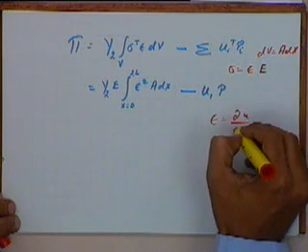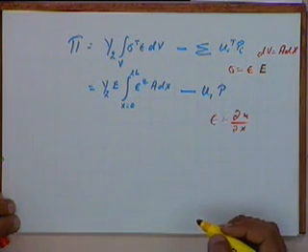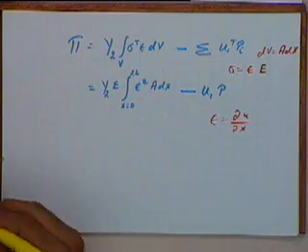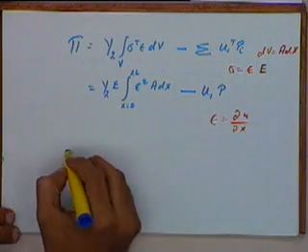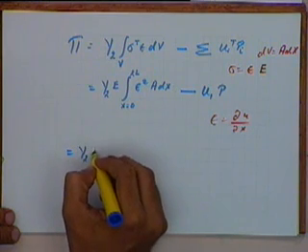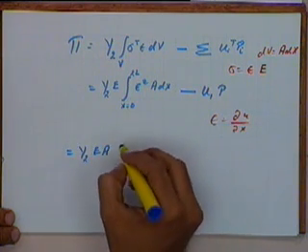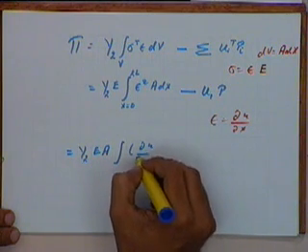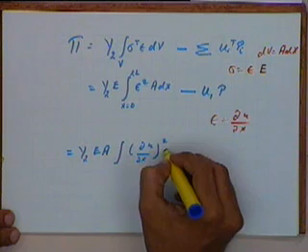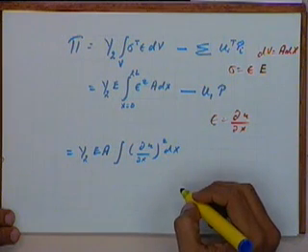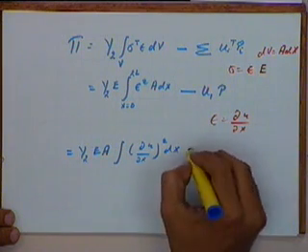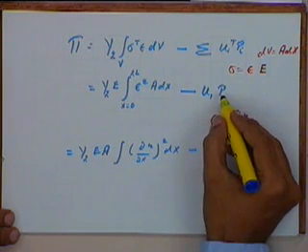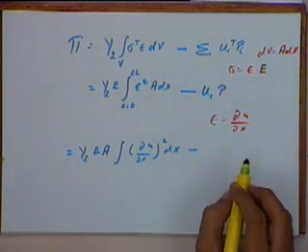Now we will make use of the fact that epsilon is equal to del u by del x. So our expression for pi will become half E into A into the integral of del u by del x whole squared dx, minus u1 times P.